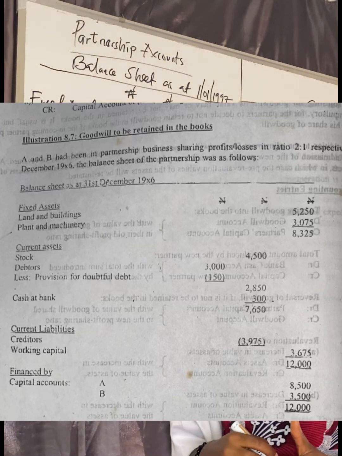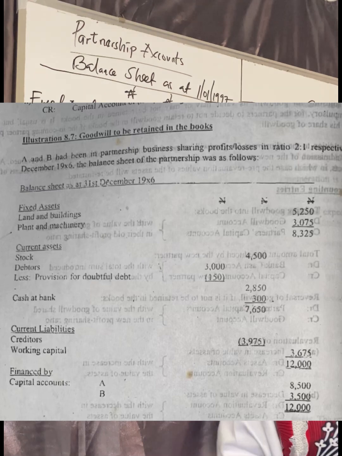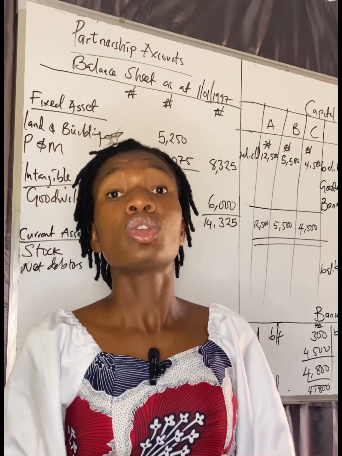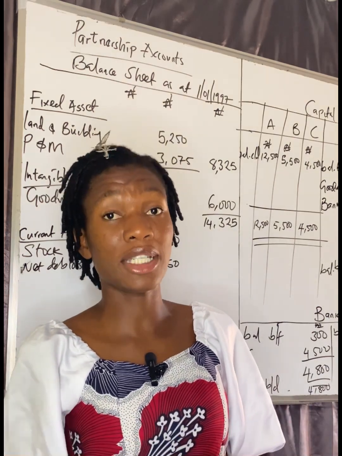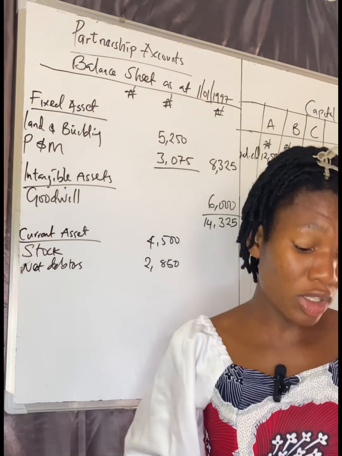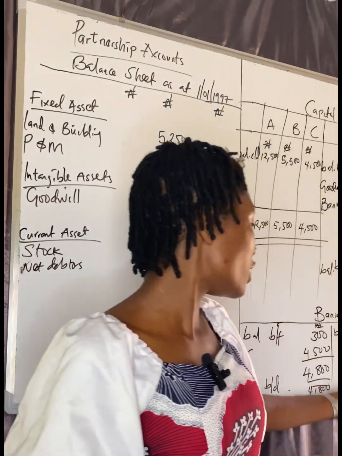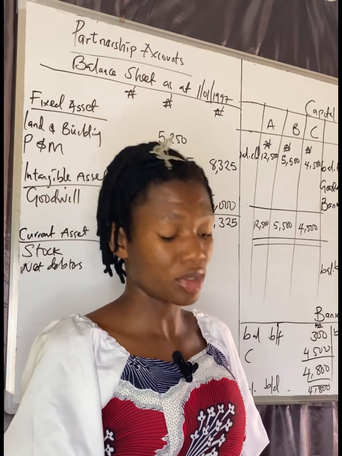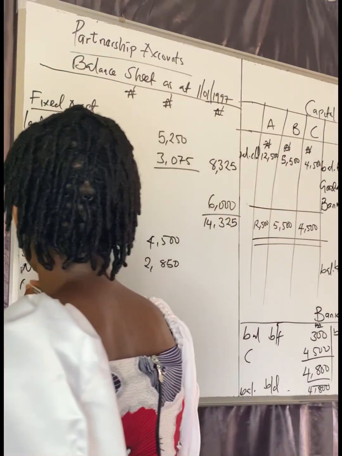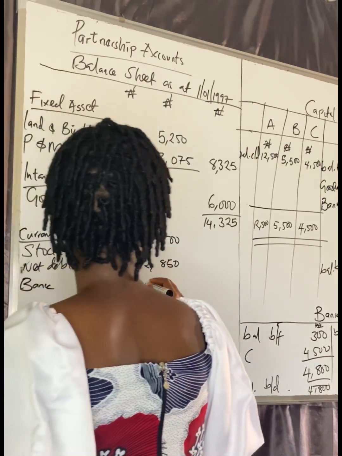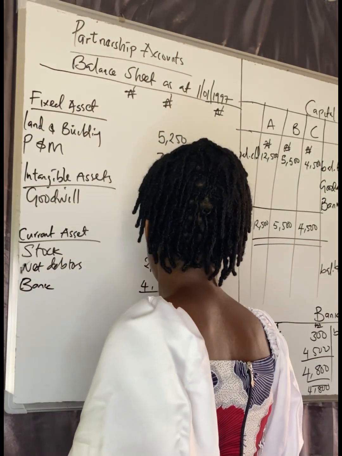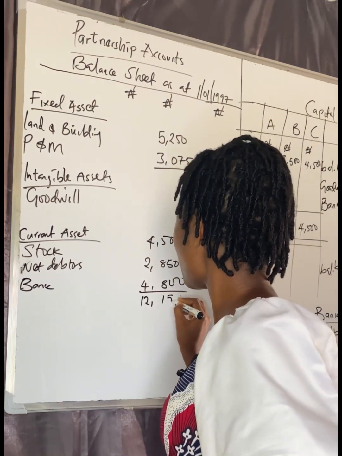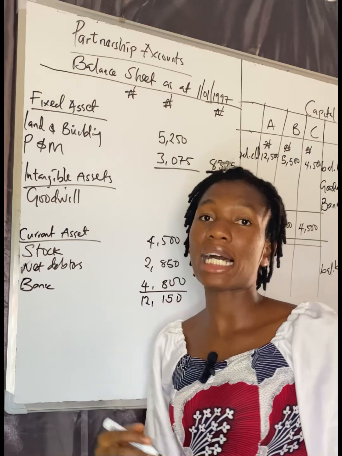And then for our cash at bank, like I said, we have adjusted our cash at bank, so we are now having a value of 4,800 naira. Instead of 300 that was given here, we are now bringing in 4,800 because of this additional 4,500 that was received from Mr. C. So that will be giving us a value of 12,150 naira for our current assets.